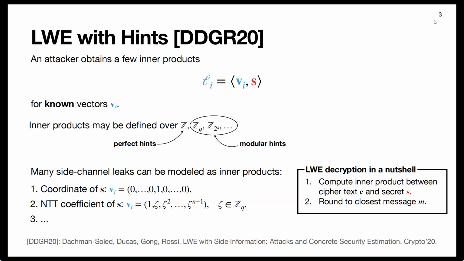Now, the first type of leak, a coordinate of S, would typically be a perfect hint. An NTT coefficient would typically be a modular hint defined modulo Q, right? Because the NTT is also defined modulo Q. This leak in the decryption probably would also give you a hint modulo Q because this inner product is taken modulo Q. But maybe somehow you manage to get the leak before the modular reduction is applied in the implementation, then you might even get a perfect hint of this inner product.